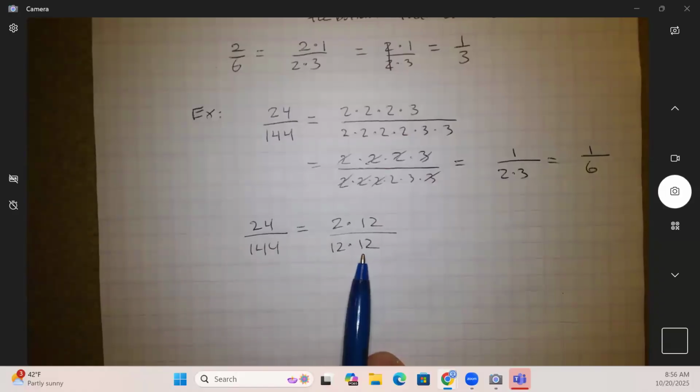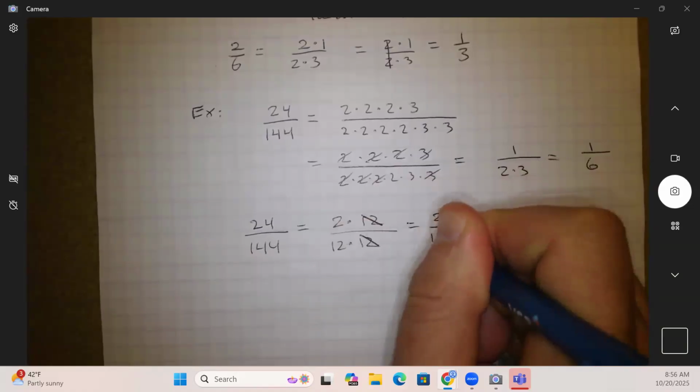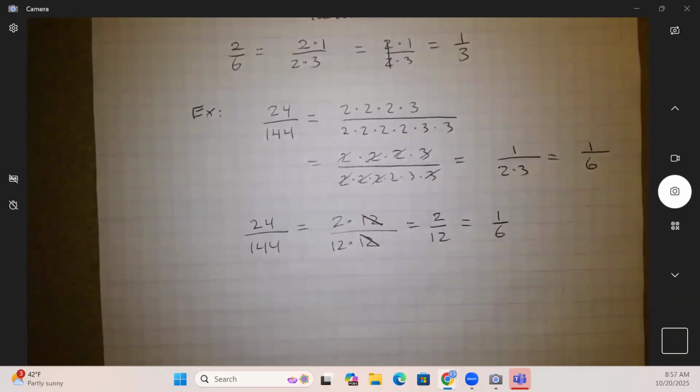Instead of boiling it all the way down to the primes, maybe you skip a couple steps. So again, that's the difference between a systematic approach that always works and maybe a faster approach that frequently works. And when it doesn't, you fall back on your other skills.